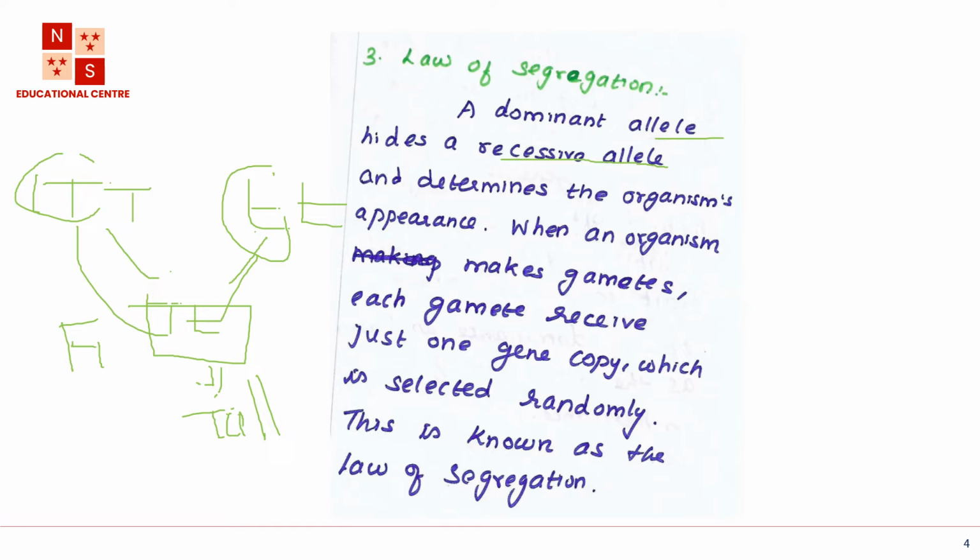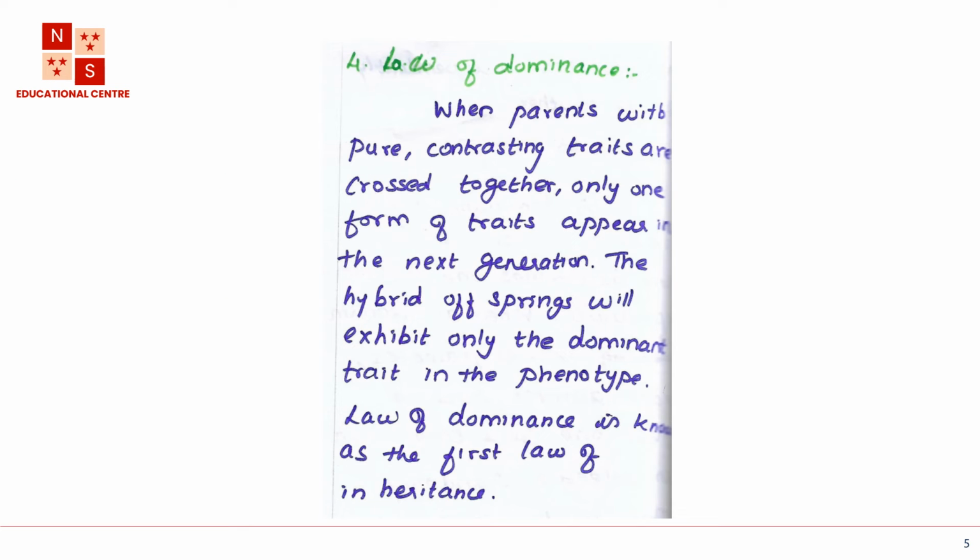The same thing applies to the next law, the law of dominance. When parents with pure contrasting traits are crossed together, only one form of the trait appears in the next generation. As we discussed, when a tall plant is crossed with a short plant, in the F1 generation we get only tall.